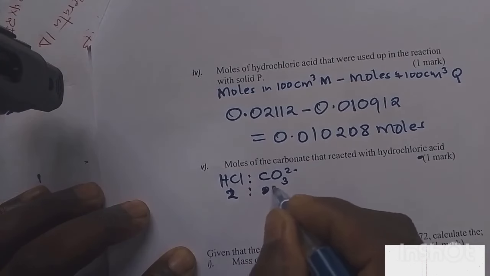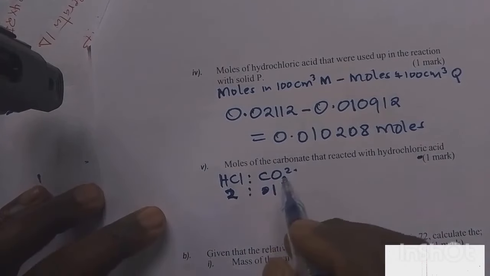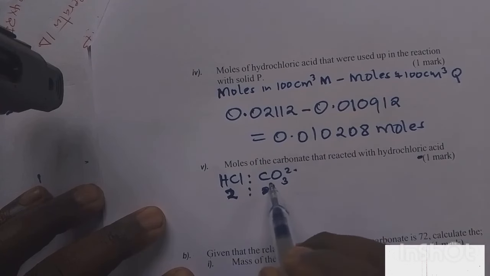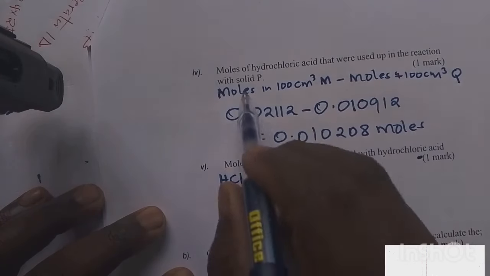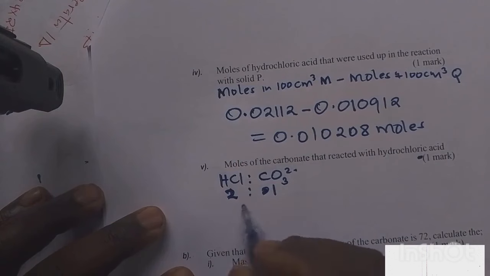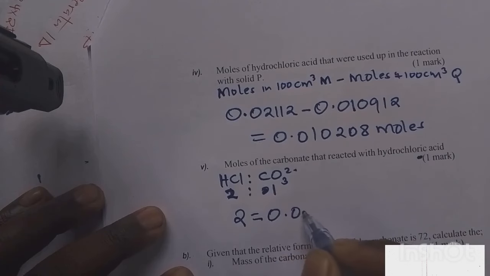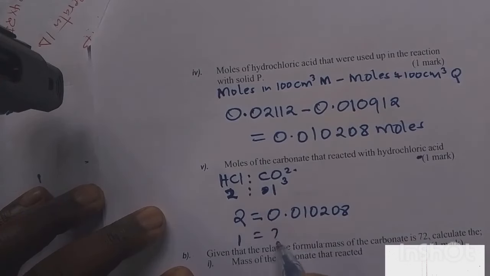Now that we know the number of moles of HCl that reacted with P, the number of moles of the carbonate is going to be a half of this, because 2 is equal to this. 1 will be what? 2 is equal to this, what about 1?